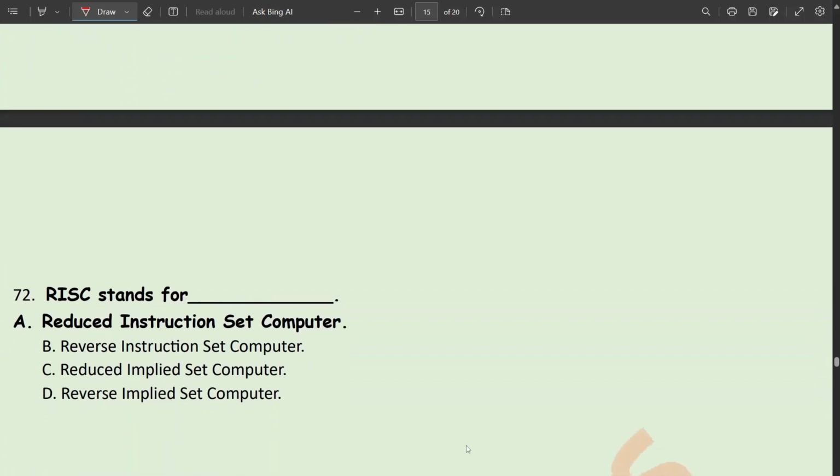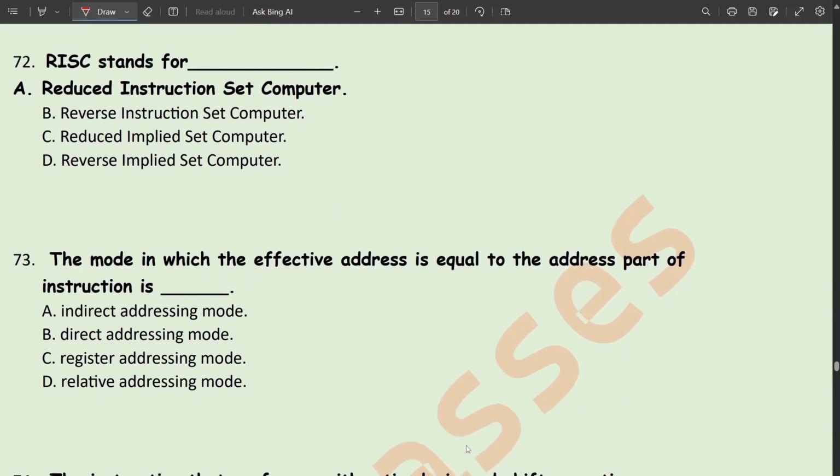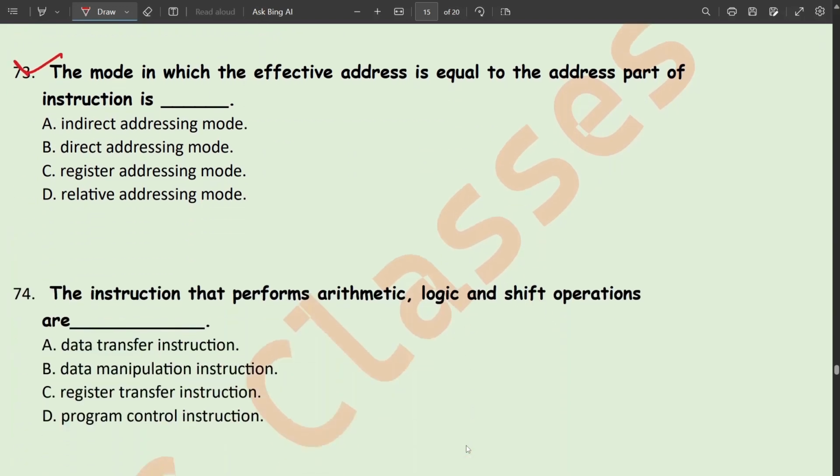Next, RISC stands for Reduce Instruction Set Computer. Next, the mode in which the effective address is equal to the address part of instruction. In which mode? Your answer will be direct addressing mode.